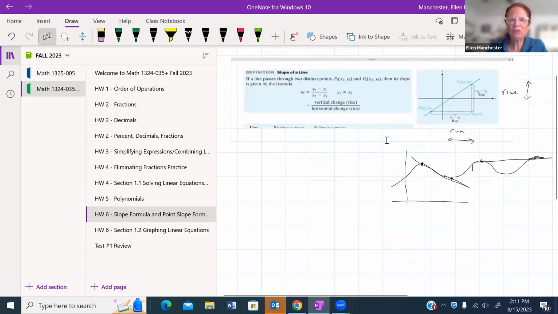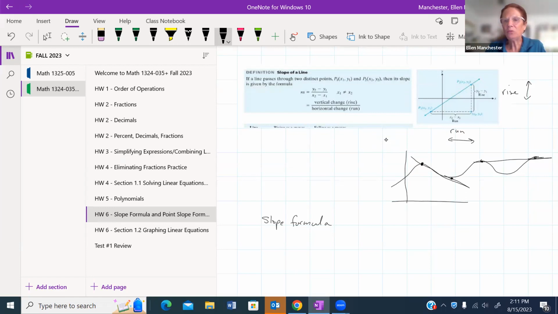Okay, so the first thing we need to know is, what is our slope formula? As we're looking at these graphs, let me get a cleaner one here. We have this graph, and let's say it's our revenue. And we have these 2 points. This point right here, we're going to call X1. This point right here, we're going to call X2. It's just the first point and the second point.